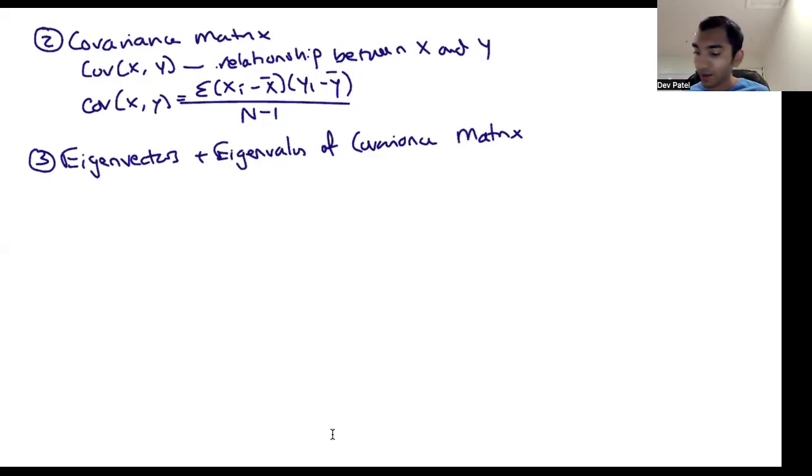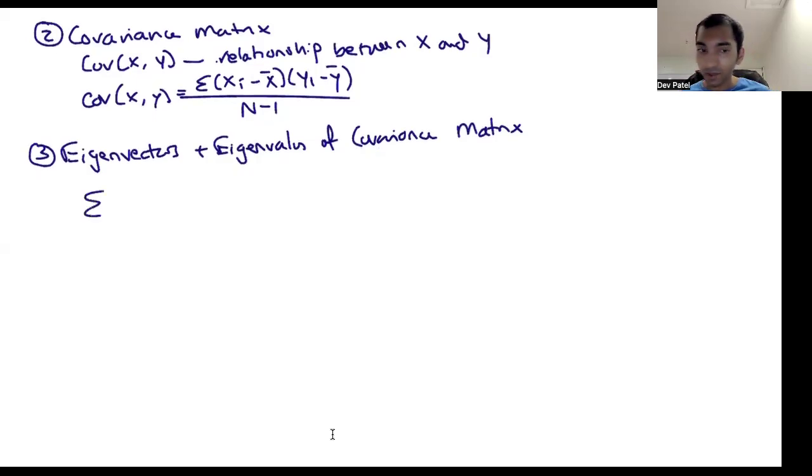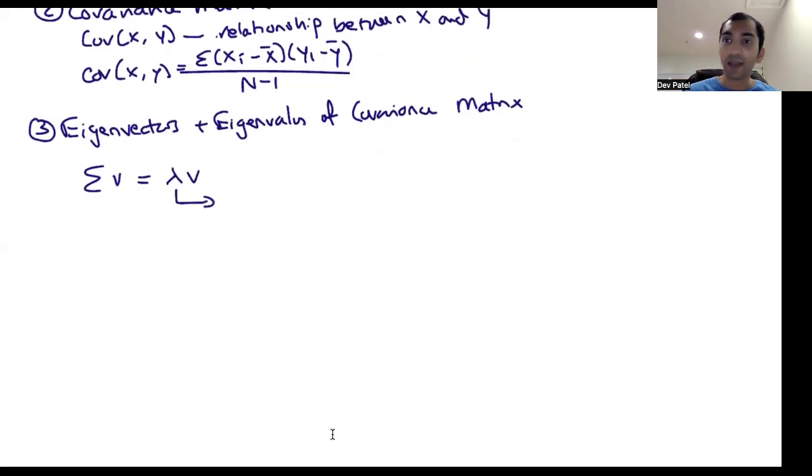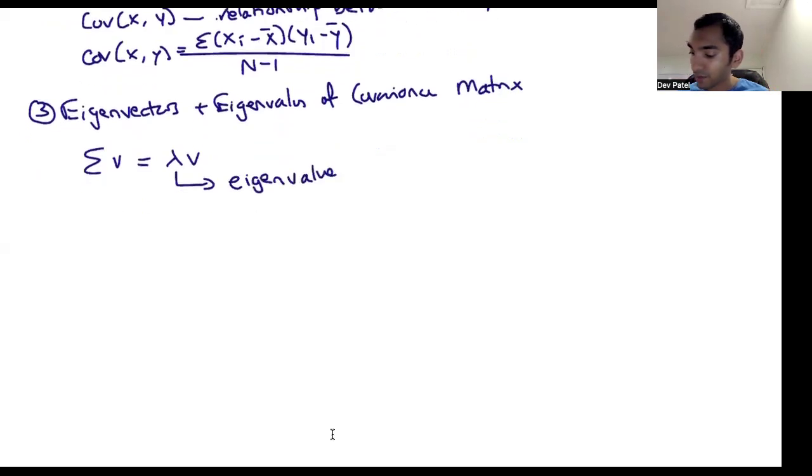So for example, let's say this is our matrix. You multiply this matrix by your eigenvector, that will equal some scalar quantity, some numerical value times the vector. The factor by which the magnitude of the vector changes, that's what we call the eigenvalue. And the actual vector itself is what we call the eigenvector.